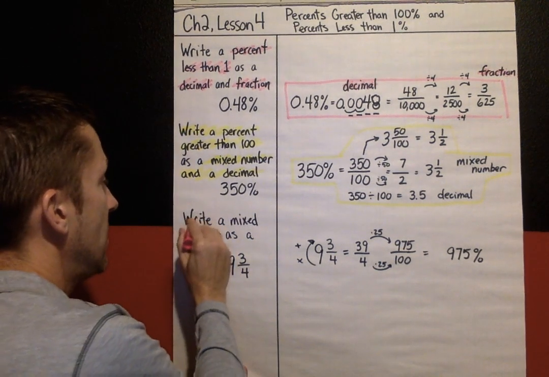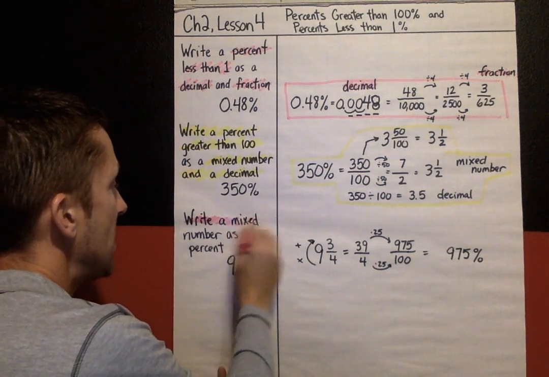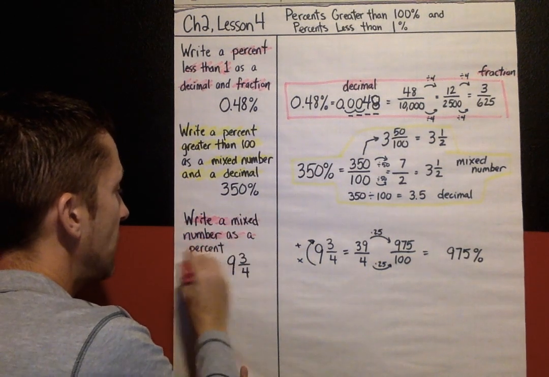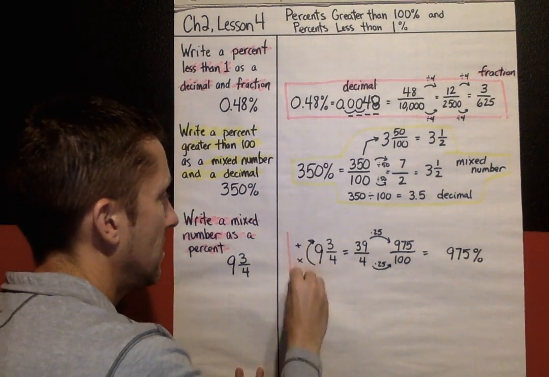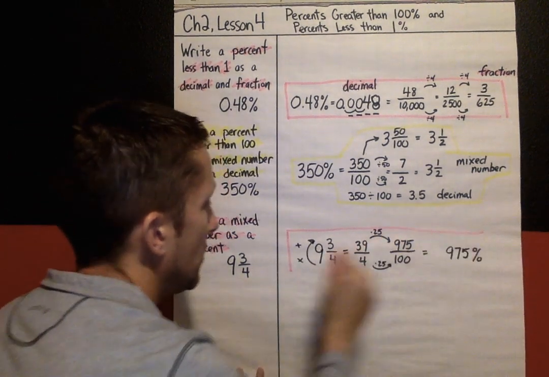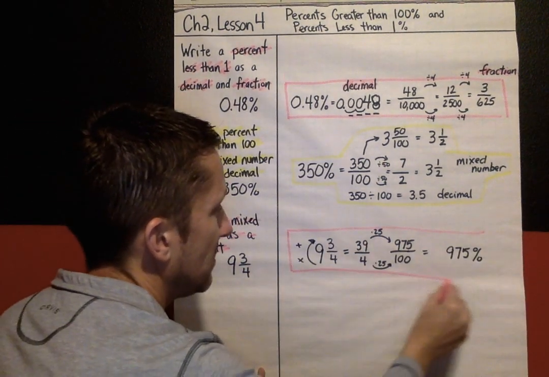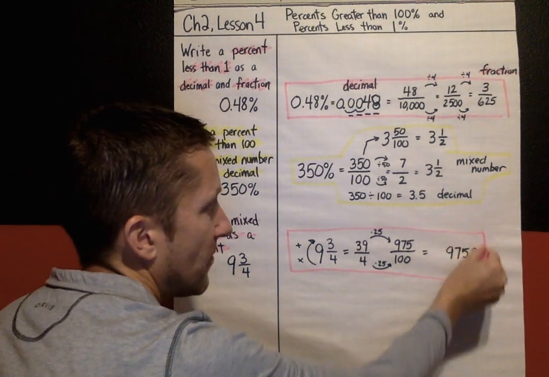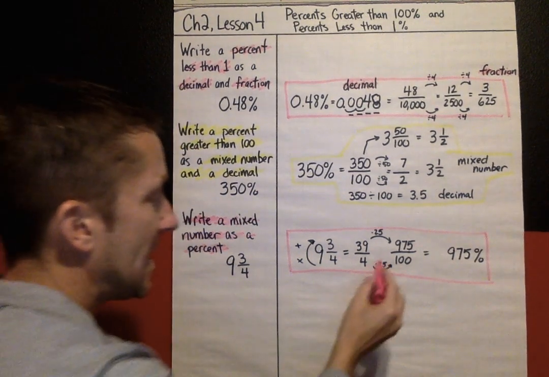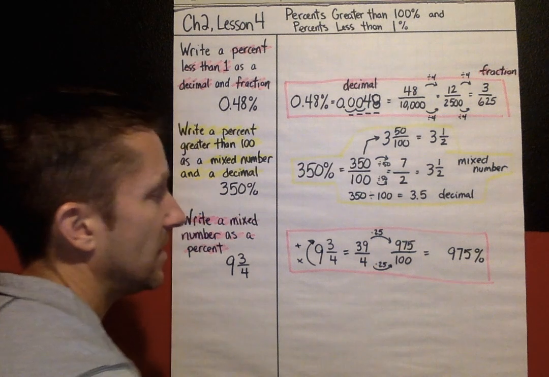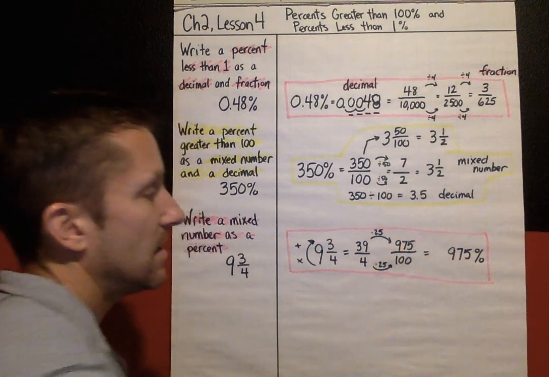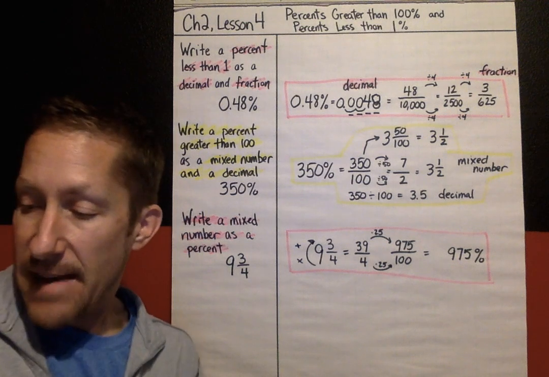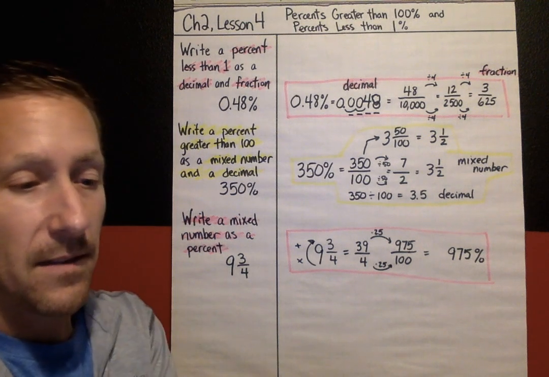If it says write a mixed number as a percent, this is your strategy right here. You're going to do the mad face or the dead face, change it into an improper fraction, and then try to get it out of 100. And once you do that, whatever your numerator is, you can call that the percent.